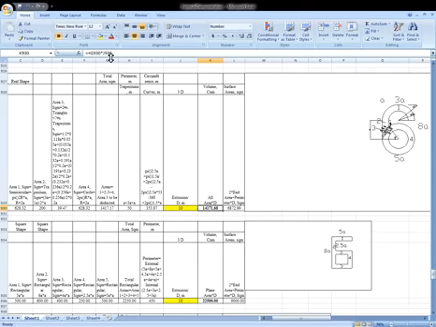Here the surface area is 2 into G plus H, plus perimeter H into D. We have taken the circumference in this because it's very small.